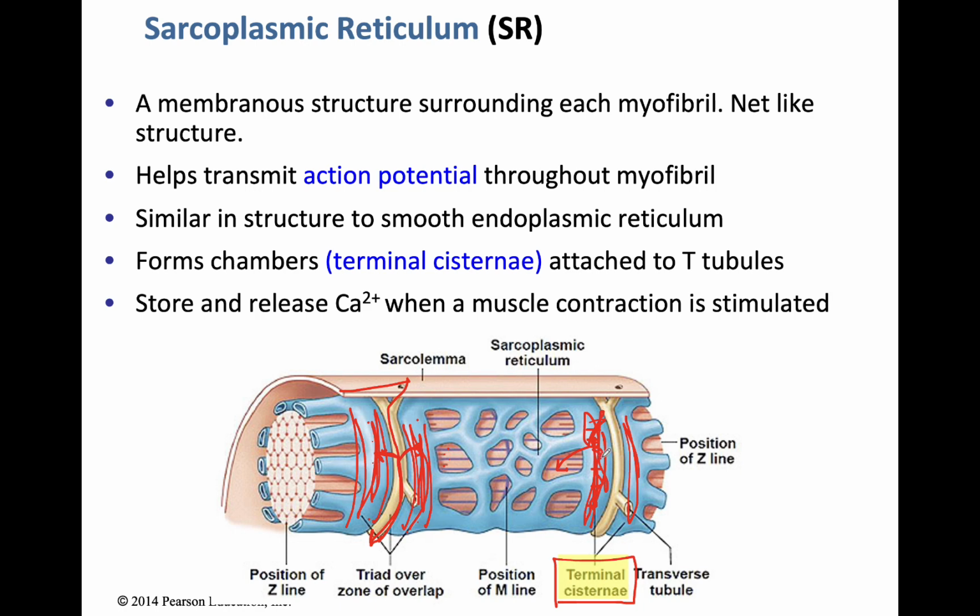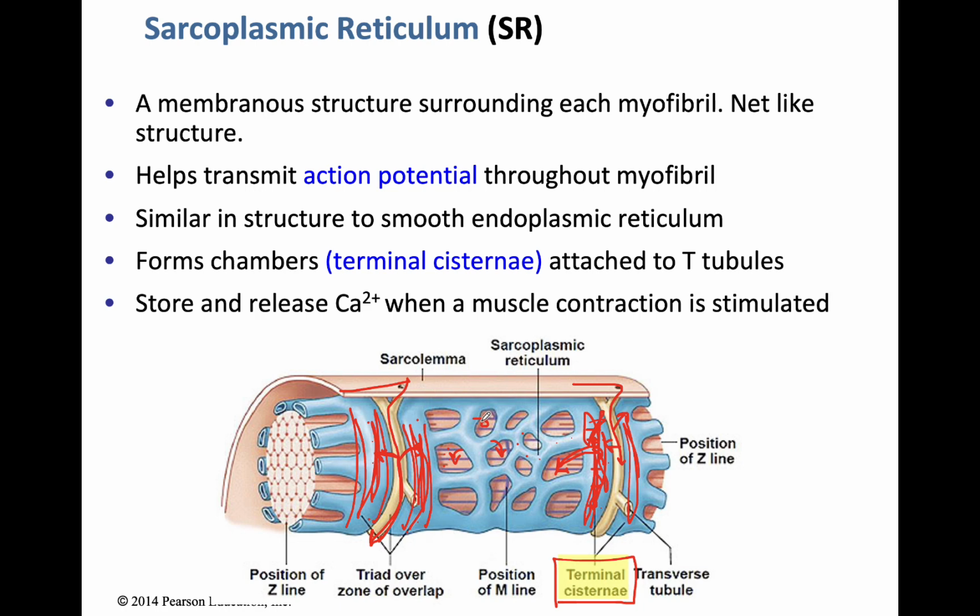So the terminal cisternae are able to store calcium, and it's going to release calcium into the actual sarcomere when the voltage travels down the T-tubules and across to the terminal cisternae. The sarcoplasmic reticulum is similar. It is also excited by voltage, and it also releases calcium into the skeletal muscle sarcomere when excited.